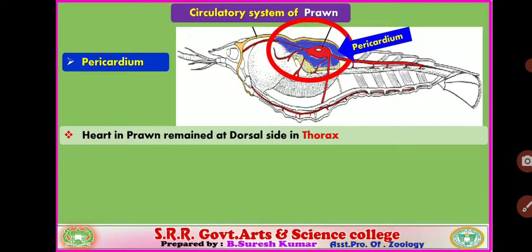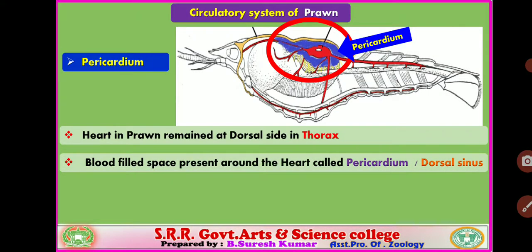Yes, what is pericardium? Peri means over, cardium means heart. The heart in prawn remains at the dorsal side in the thorax region, at the posterior side in the thoracic cavity. Whatever space is present around the heart is completely filled with what? Blood. That space is called pericardium.